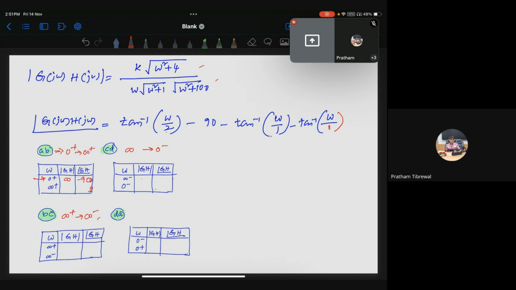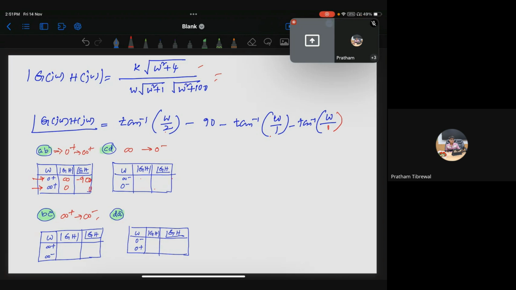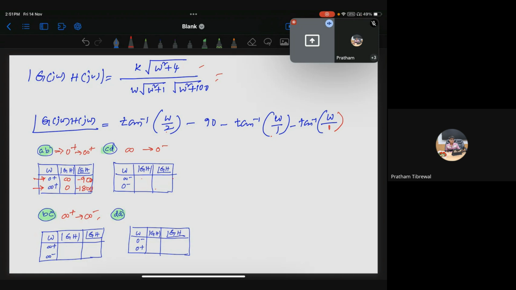Then when omega is infinity plus, the magnitude becomes 0 and the angle is minus 180. So I'm giving you all the values: 0, minus 180, 0, plus 180. If you want, you can check them.